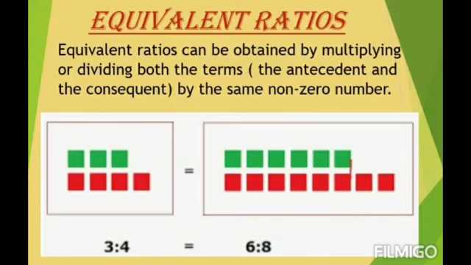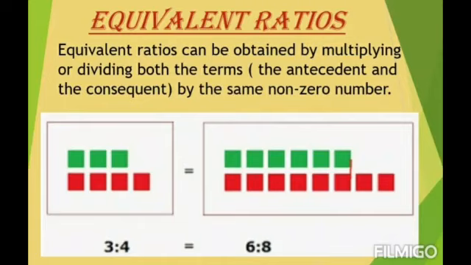Now the next topic is equivalent ratios. Equivalent ratios can be obtained by multiplying or dividing both the terms, the antecedent and the consequent, by the same non-zero number. If we have to find an equivalent ratio of 3 is to 4, then we will multiply its A and B, that means antecedent and consequent, by the same non-zero number 2.